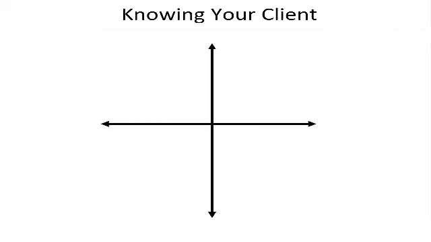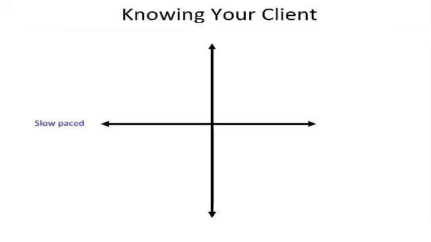Well, you'll see on the cross we've got the horizontal and the vertical axis. And we're going to start with the horizontal axis. On one side of the horizontal axis, you know how some people by nature are very slow-paced. They take their time, they speak slowly. You can see them thinking before they speak. They just like to make sure that everything is in a row before they commit themselves.